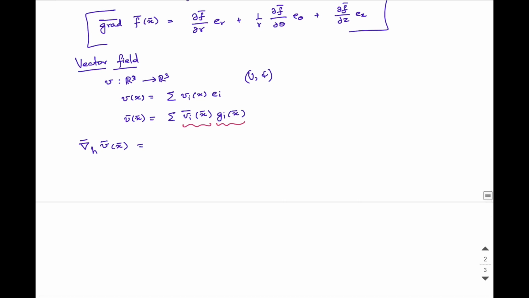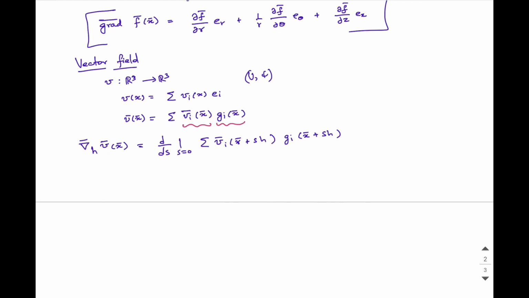Okay, so this is nothing but the directional derivative at s equal to 0 of the expression for v bar, which is nothing but the summation of v^i bar at x bar plus s times h, and here is the important point, g_i of x bar plus s h.